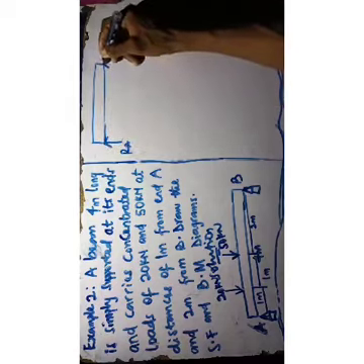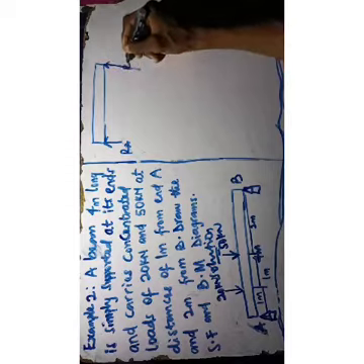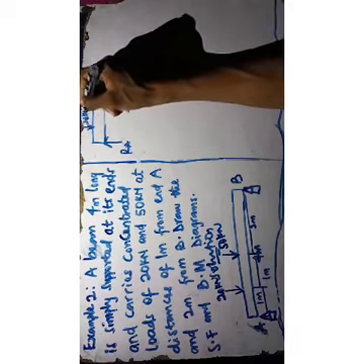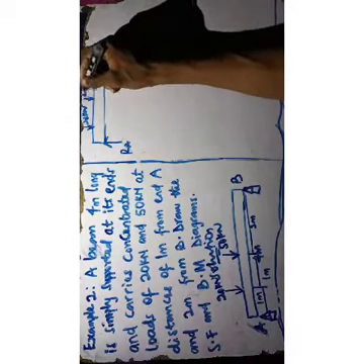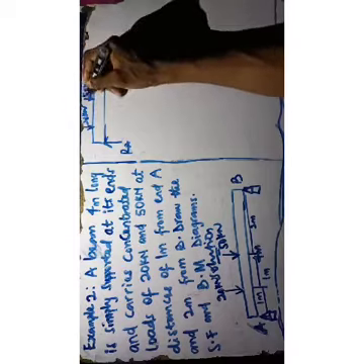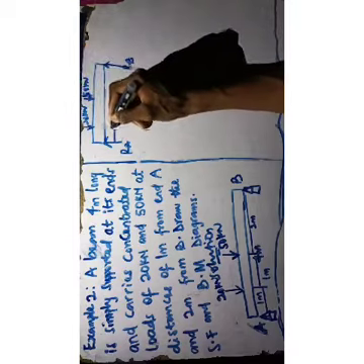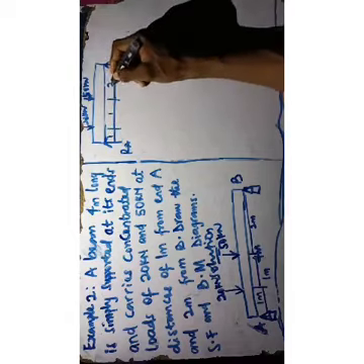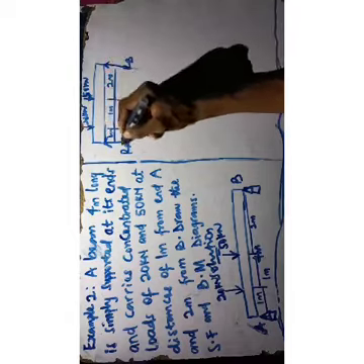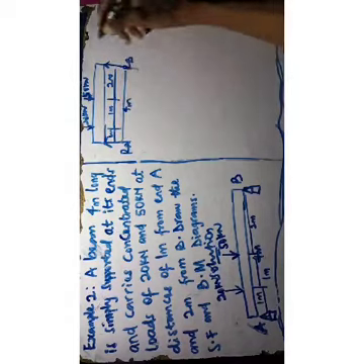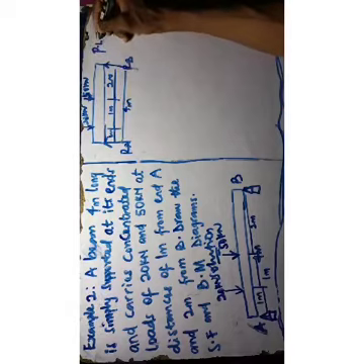RA, RB, 20, 50 rather, 1, 2, 4 meter. So the total point load is 20 and 50.